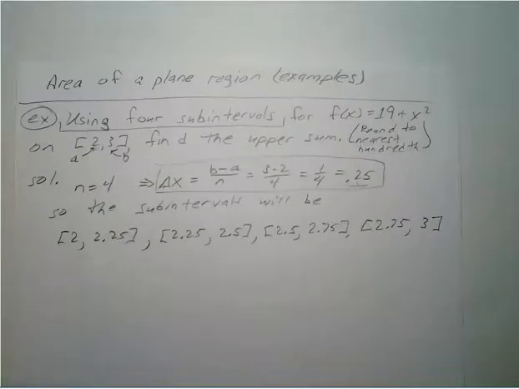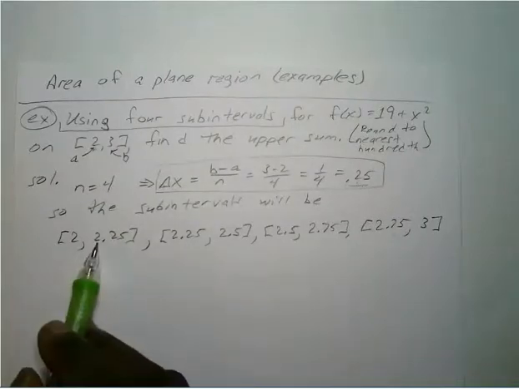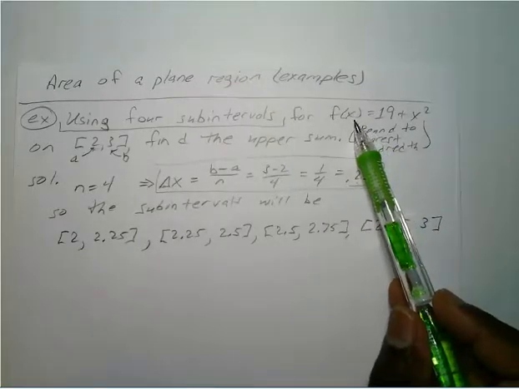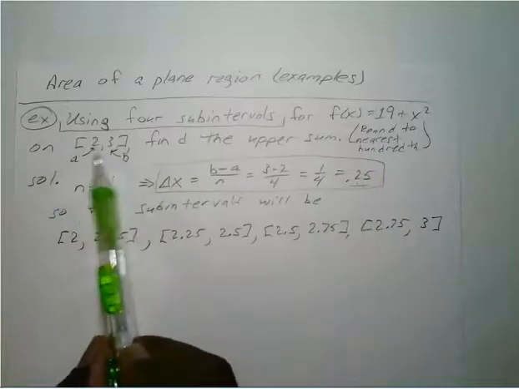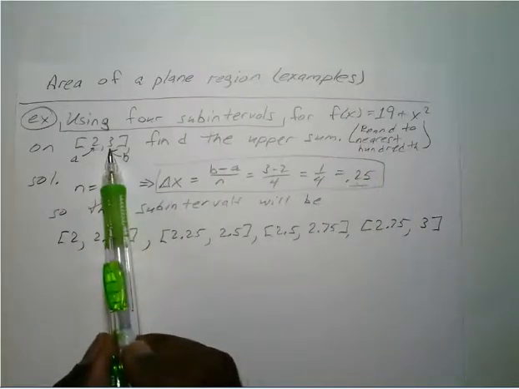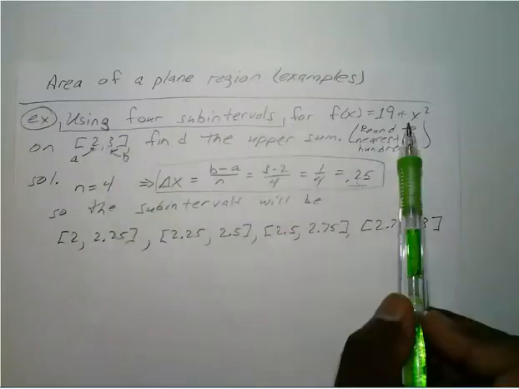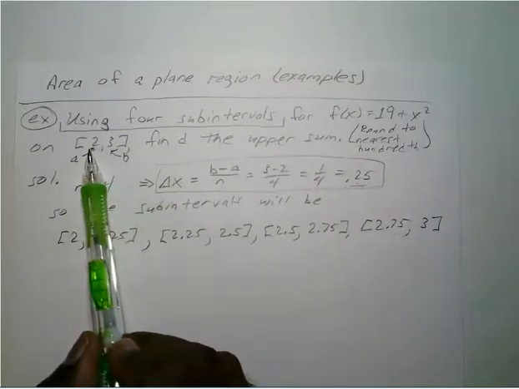All right, now that we have our subintervals, what do we do next? Well, we have to figure out if our f of x is either increasing or decreasing on that interval. If you plug in 2 and get a value, and plug in 3 and get a value, you'll notice it's increasing from 2 to 3.